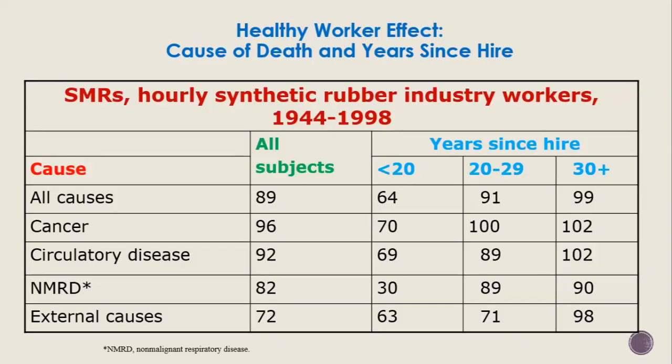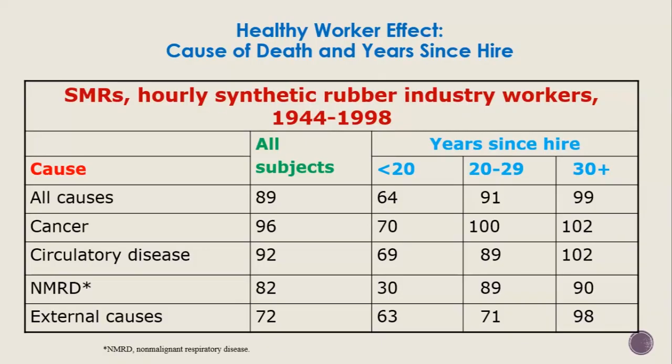How do you interpret that 100? It simply means that the mortality rate in workers is the same as the mortality rate in the general population. And going across to 30 plus, where the SMR is 102, what this means is that the mortality rate in workers is now 2% more than in the general population.